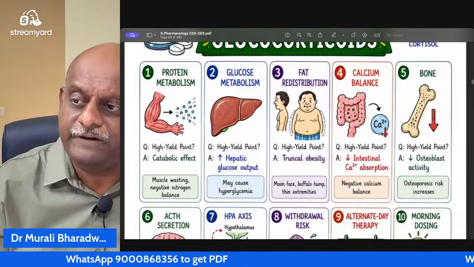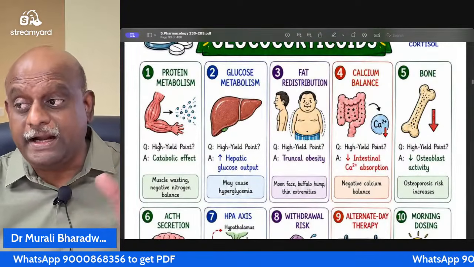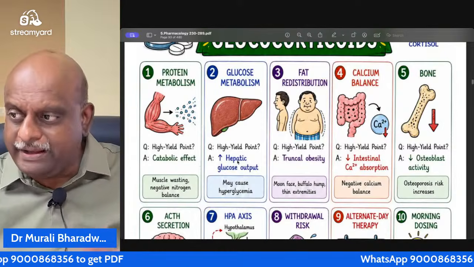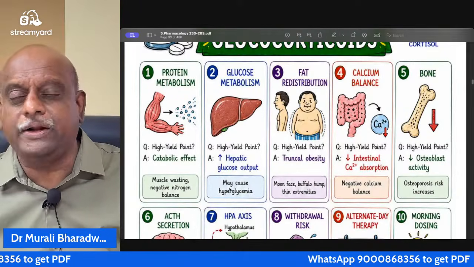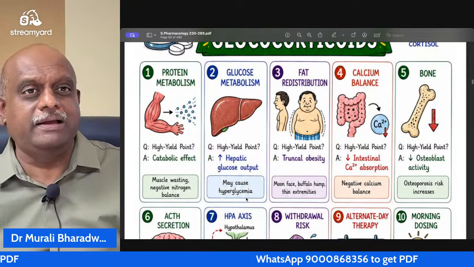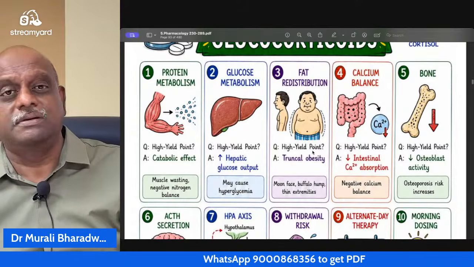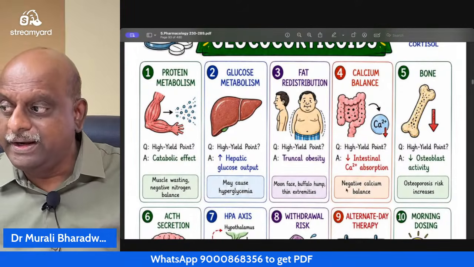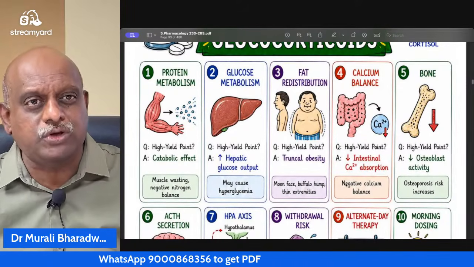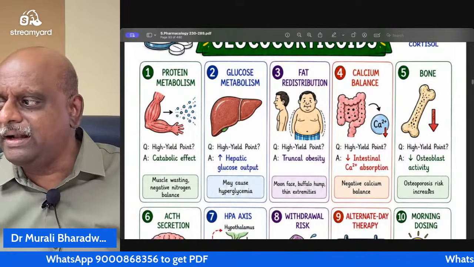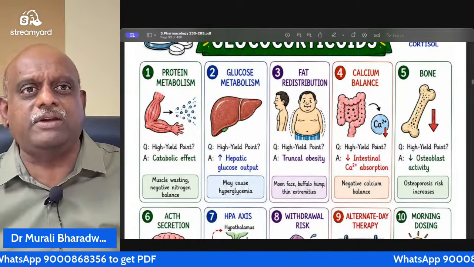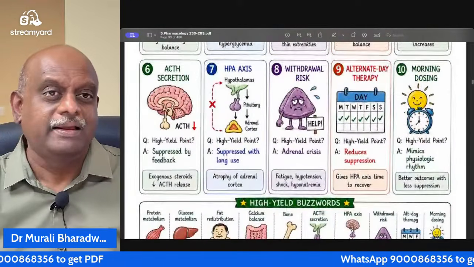Now, what are the effects of it? It has a catabolic effect, steroid. It increases the hepatic glucose output leading to hyperglycemia, Cushingoid facies, and it leads to decreased intestinal calcium absorption, and it leads to decreased osteoblastic activity and osteoporosis.